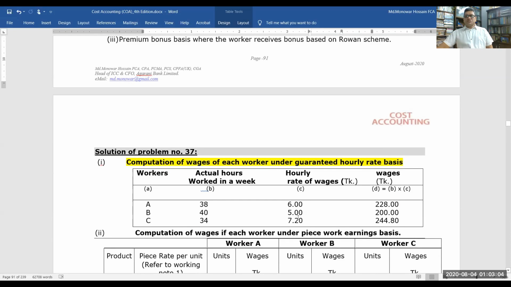If we multiply 38 by 6, we get 228. Same way for B, 200, and for C, 244.80. So this is the guaranteed hourly rate.